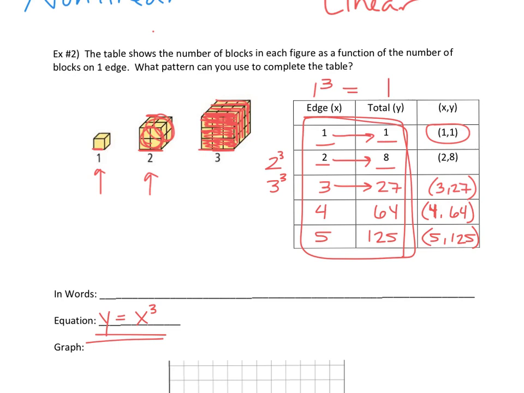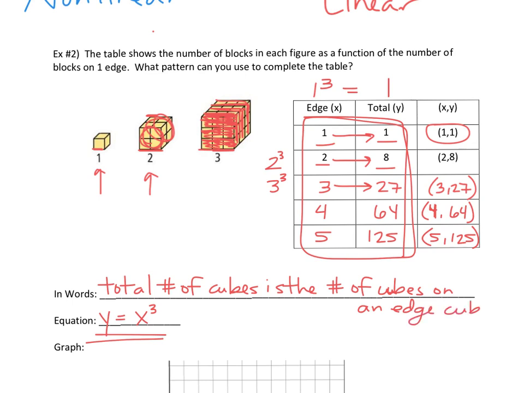Okay, in words, we would just say the total number of cubes is the number of cubes on an edge cubed, right, to the third power.